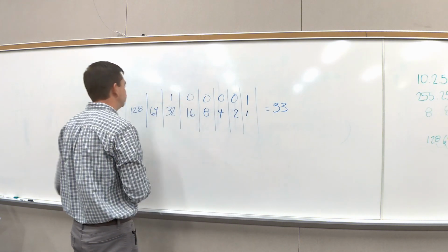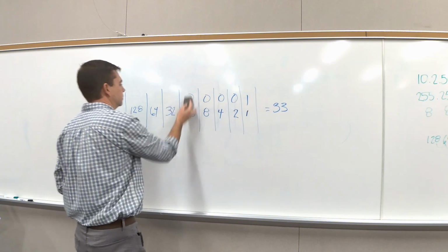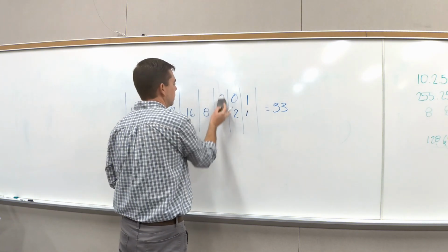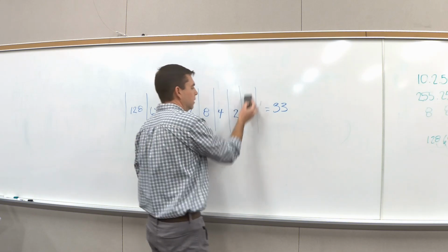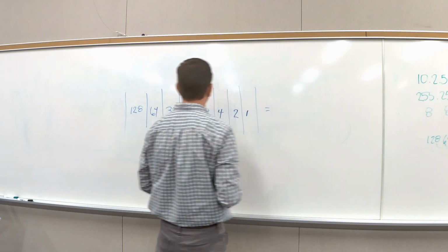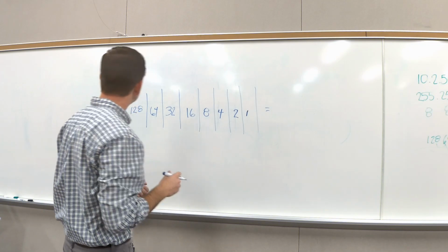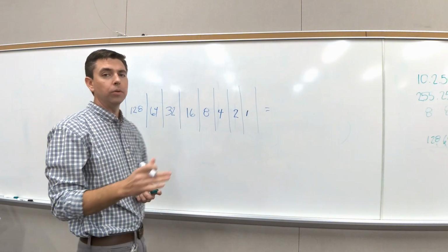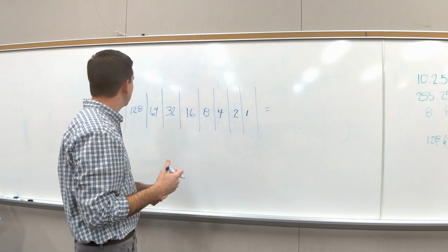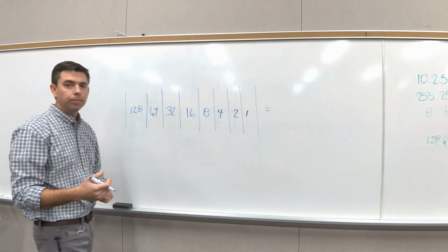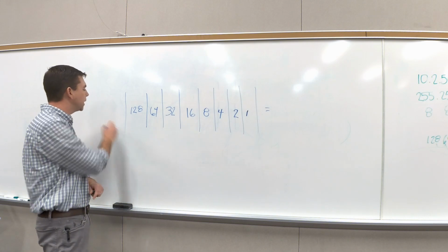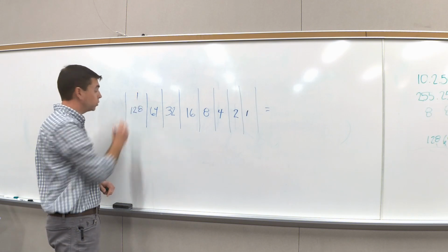Let's do that again. Let's say we do 192. We want to build 192. What would we do? Well, we'd get as close to 192 as we can. 256 is too far. 128 is close.